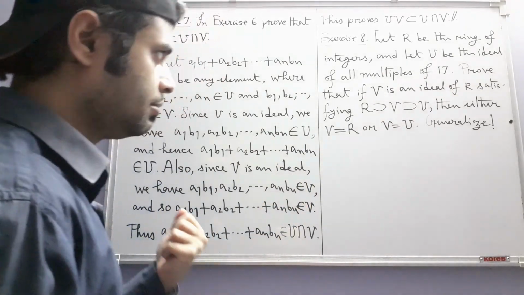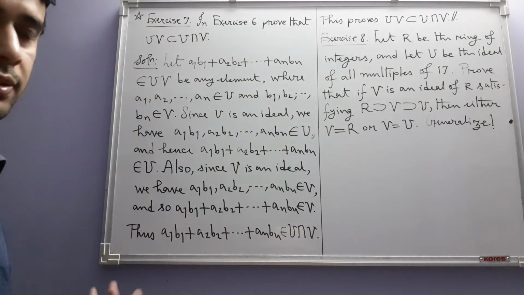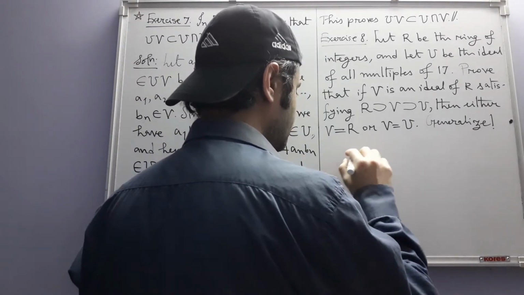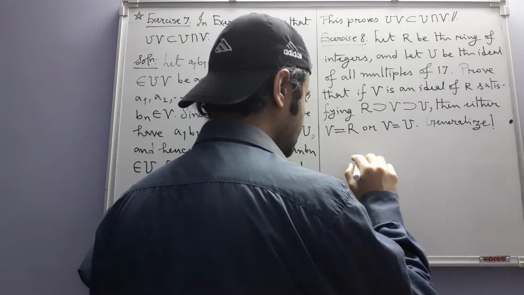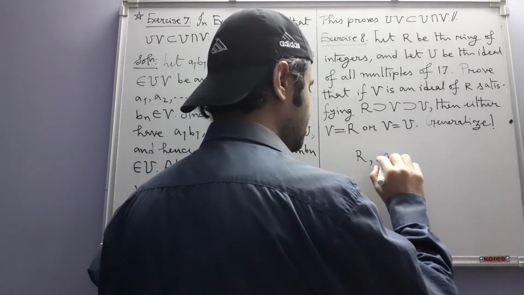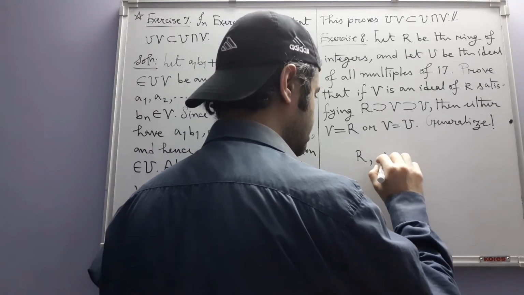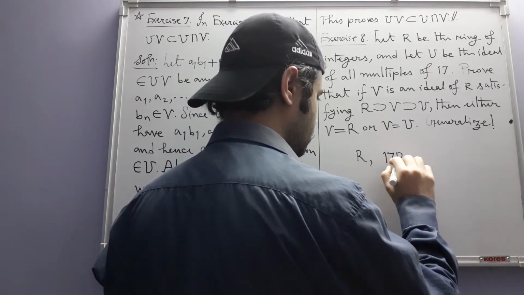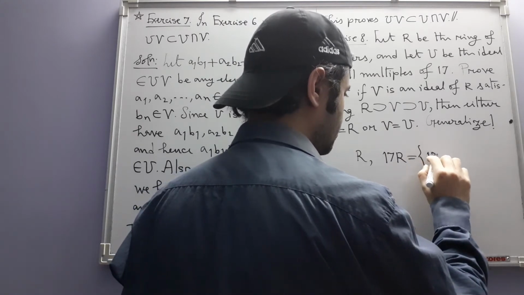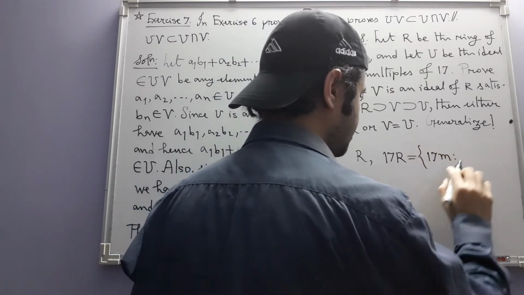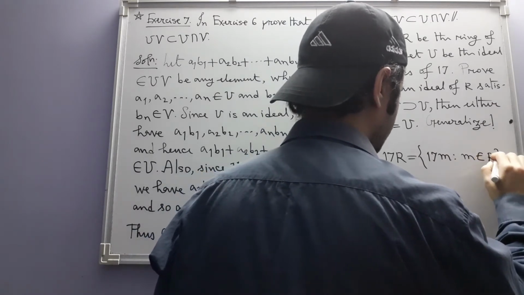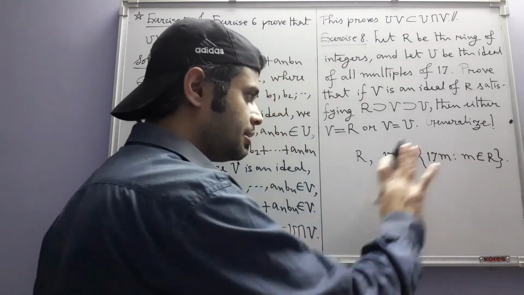Okay. So we are given the ring of integers and also the ideal of all multiples of the integer 17. Is that an ideal? Actually, it's an ideal. It's not very difficult to see why. You see, we have the ring of integers R, and we may denote this set by 17R, which is nothing but all the integer multiples of 17, where m is any integer.